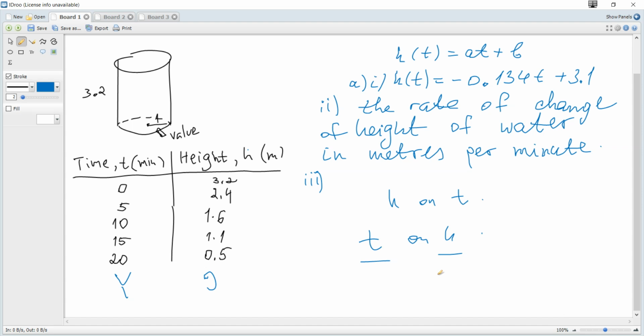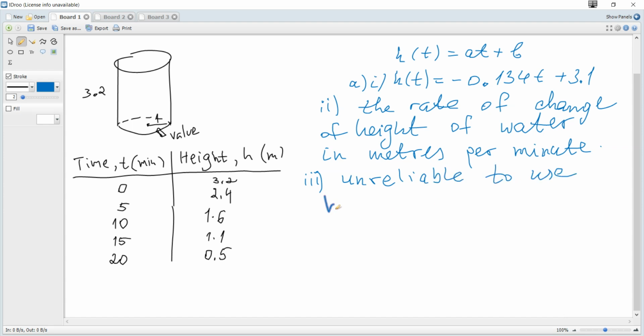So here we say that it is unreliable to use h on t graph or equation to estimate t. It should be used t on h equation or graph.